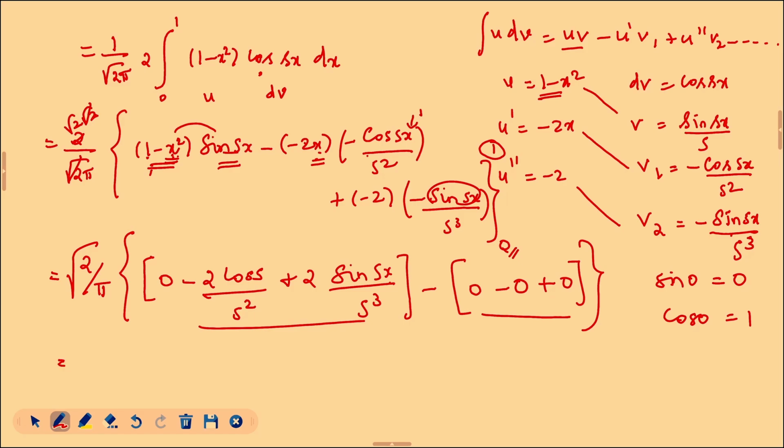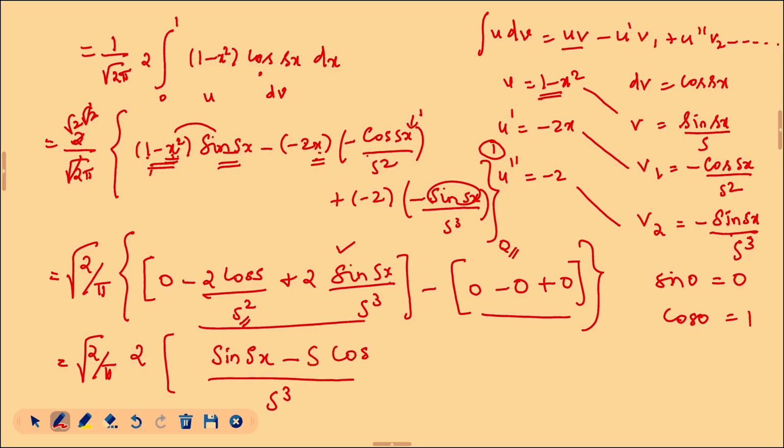Let us simplify this. So this is square root of 2 by pi. Taking 2 outside, and taking s cube as LCM, we write the first term as sin s, minus, since we have only s squared here, taking s as LCM, s cos s.